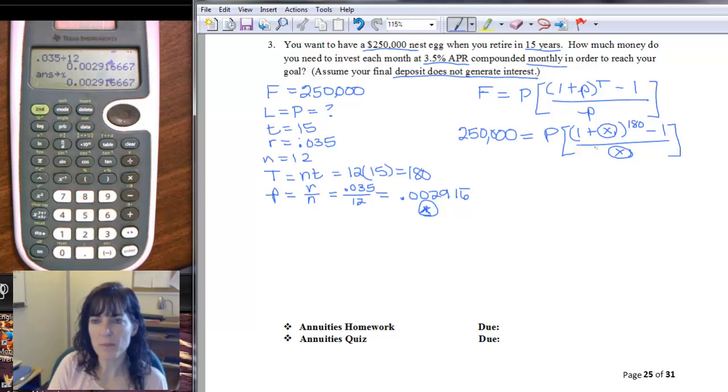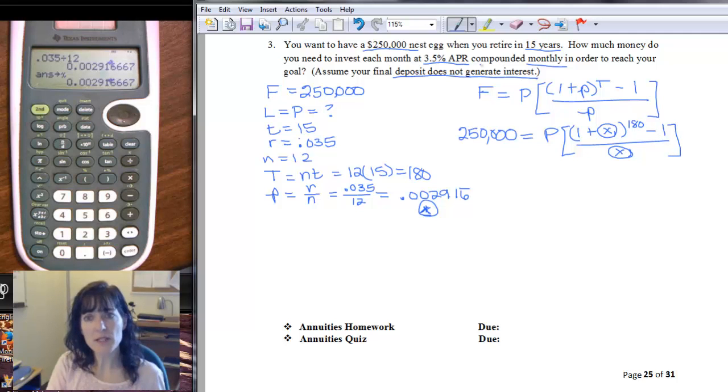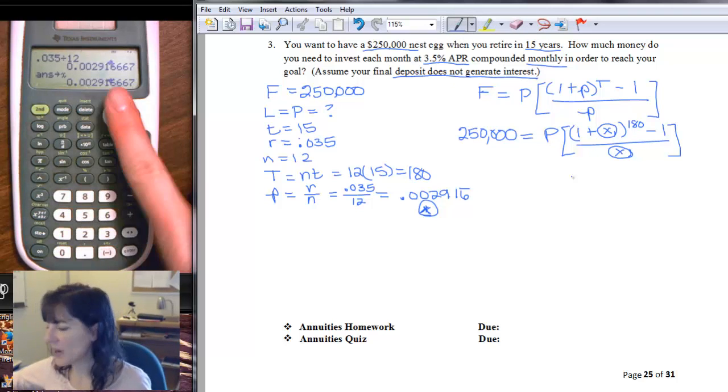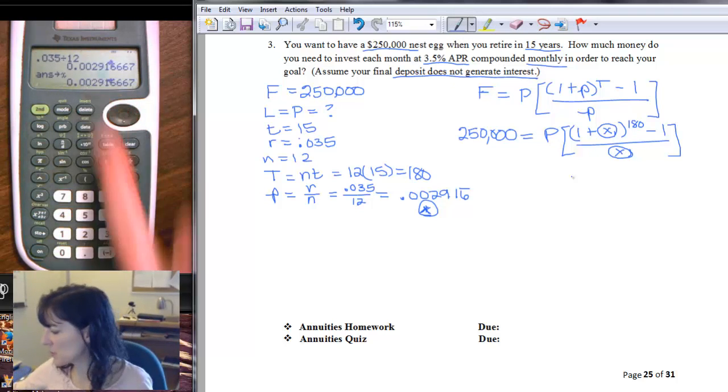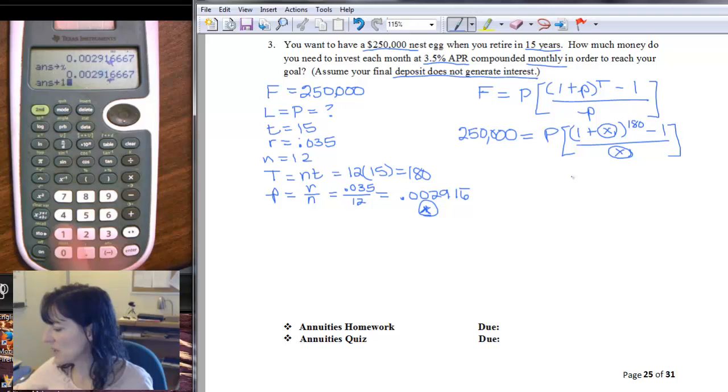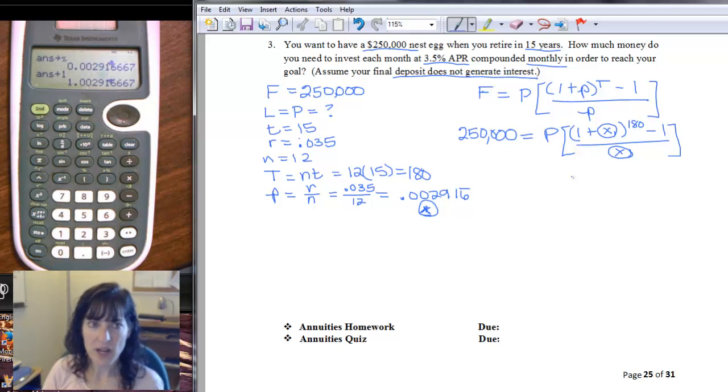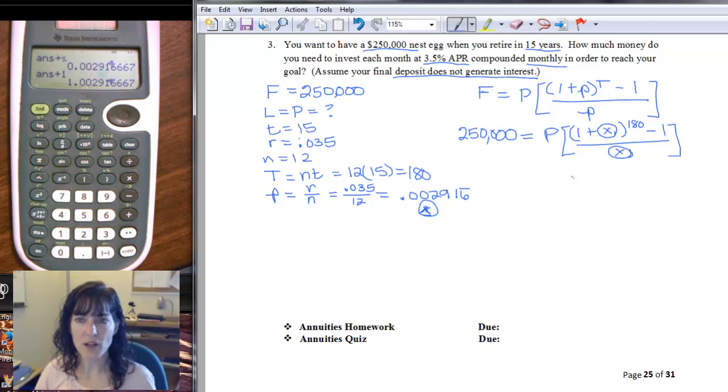Okay, so what I want to do on this one is inside these big parentheses, I'm going to calculate just as I did before. And then I will take that 250 divided by this whole big thing right here to get the p all by itself. So I'll show you that here. So I have my value that's stored in X, so I just want to add 1 to it. So plus 1 equals, and so now I have 1.0029, and it goes on.